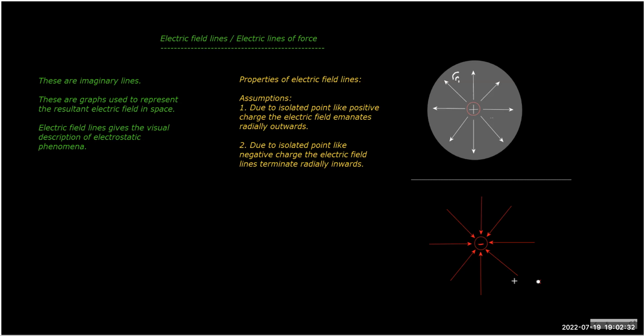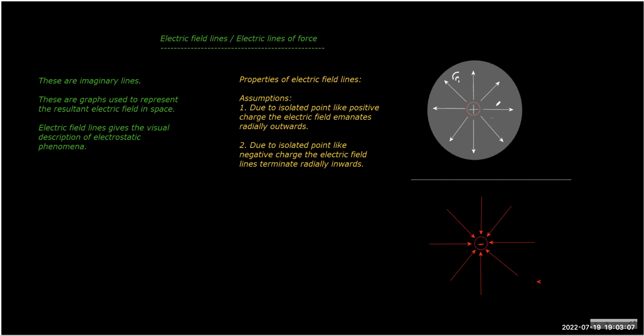So if the positive charge is a source, these lines of force are emanating from here. So this is the source. For every source, there must be a sink. So even for an isolated charge, we assume that infinity is the sink, which means eventually all these lines of force will terminate at infinity.